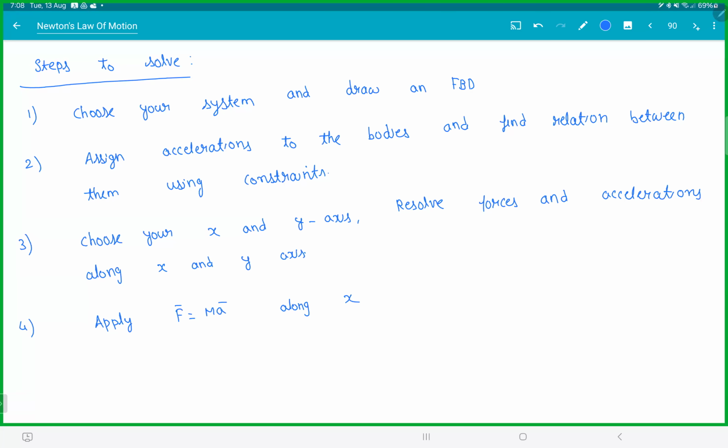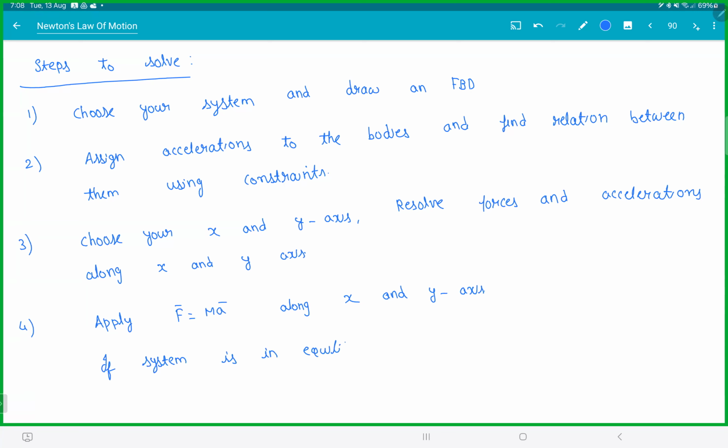So all forces in x direction will give you mass into acceleration in x direction. All forces in y direction will give you mass into acceleration in y direction. Now, if you say system is in equilibrium, a will be 0. So equilibrium is a special case where a is 0. That's it. These are the main steps.